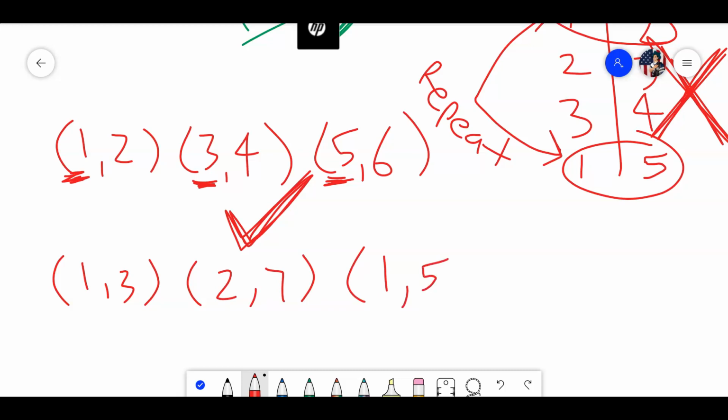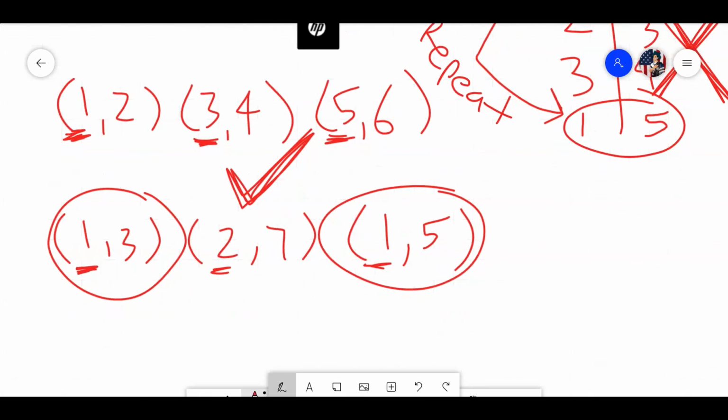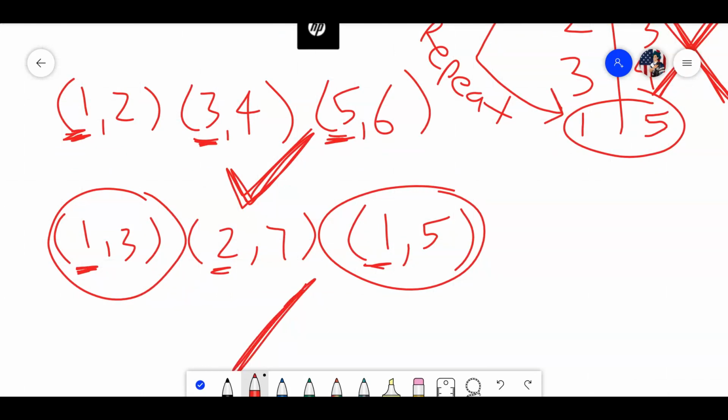Now what about this one? What am I looking for? You're looking for repeating x's. So 1, 3, 1, 5. Two ones in the x slot, so it is not a function. No fun. No function, because we have repeating x values with different y values.